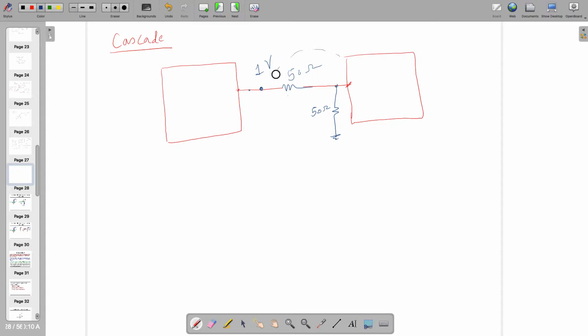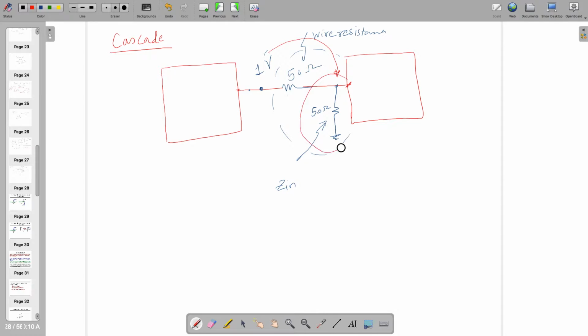If this is a wire resistance, and if this is the input impedance of the next stage, right? If it is infinite, then you can have the exact 1 volt over here, and that's the property of a voltage controlled source. You can use the voltage directly without modifying many things, right?